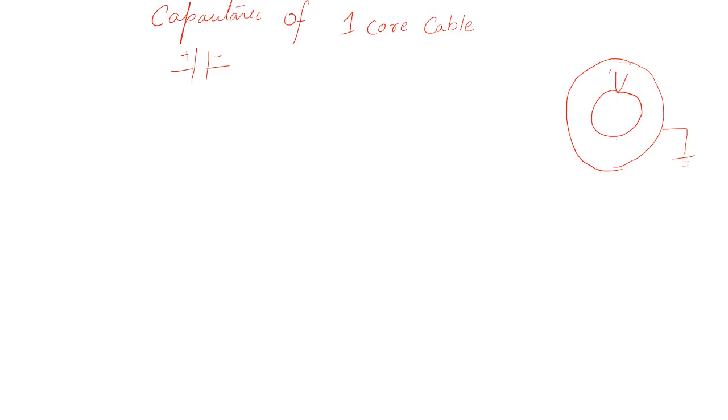Underground cables. So there is a capacitance. The core surface is at potential V, and the other is at ground potential, that is 0. So you can expect a capacitance of the sheath.